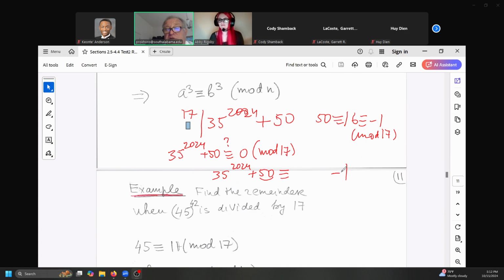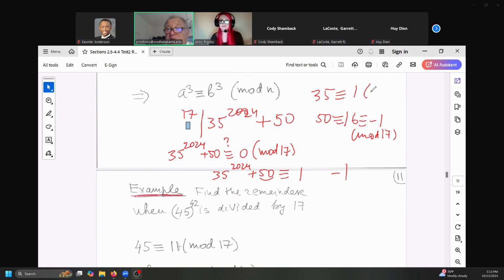So instead of 50, I can write negative 1. But what about 35 to the power 2024? What can I say about 35 modulo 17? What is the remainder if you take 35 and divide by 17? It's 1. So instead of 35, I can write 1.